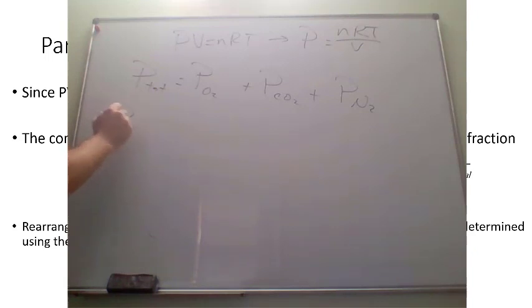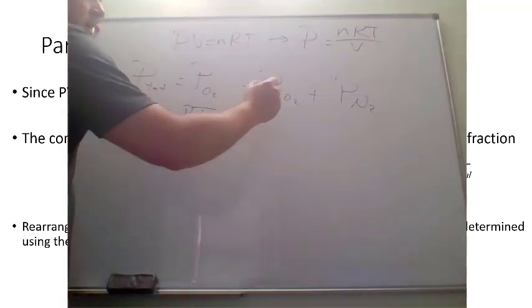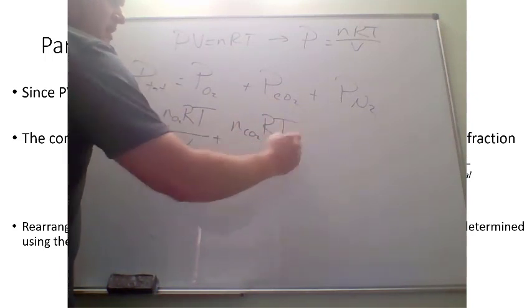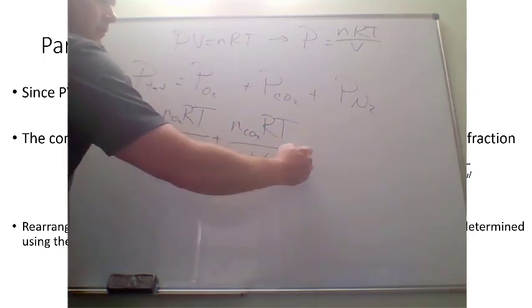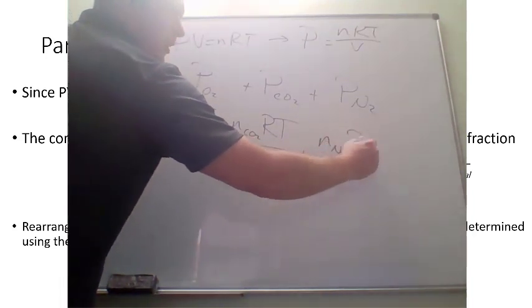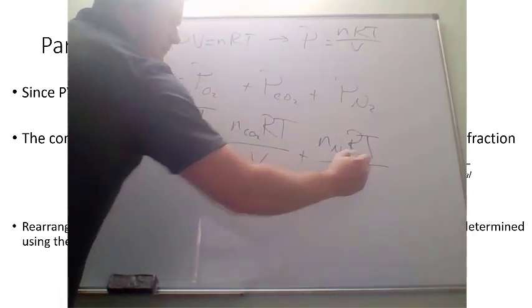The total pressure would be equal to the number of moles of O2 times our gas constant R times our temperature over the volume of the vessel, plus the number of moles of CO2 times RT over V, plus the number of moles of N2 gas times RT over V.